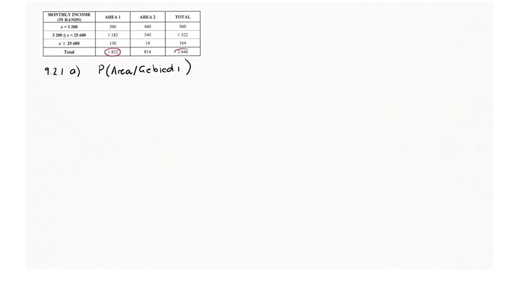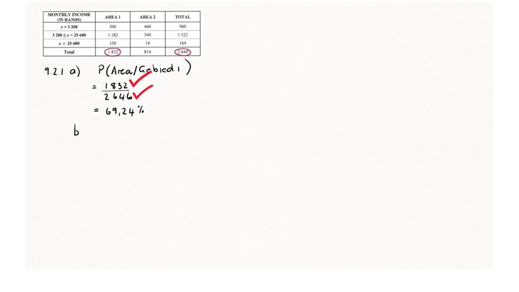We divide this by the total number of people in the sample, and that is 2,646. Then we write this answer as a percentage, and that is 69.24%. For this question, you get 2 marks: 1 mark for 1,832 and 1 mark for 2,646.